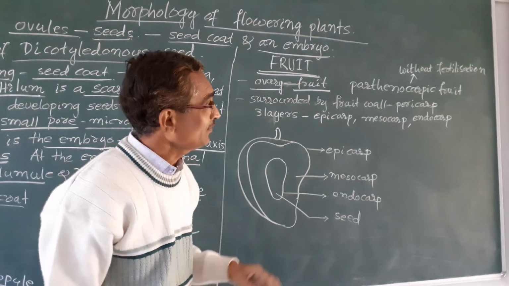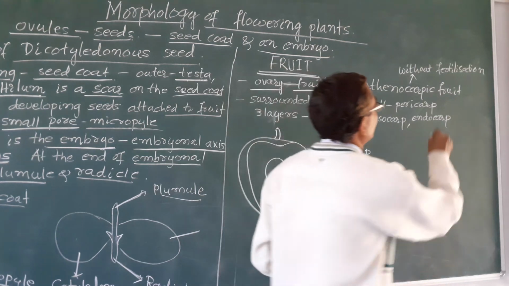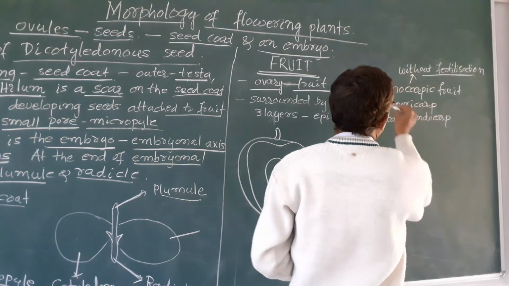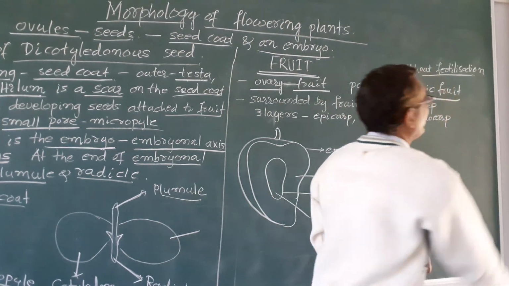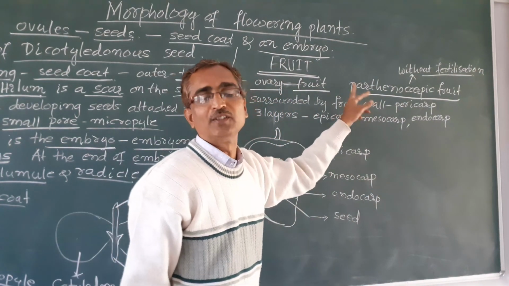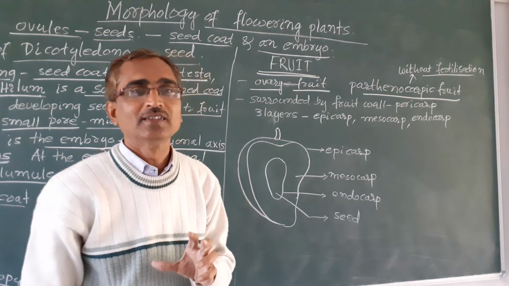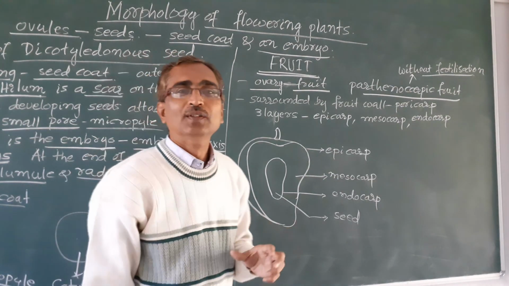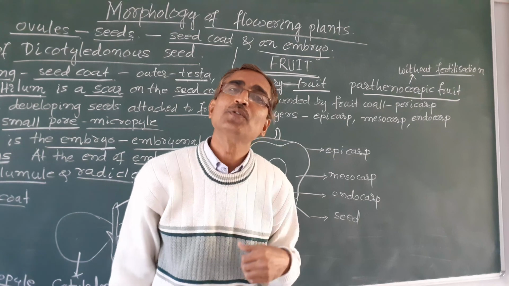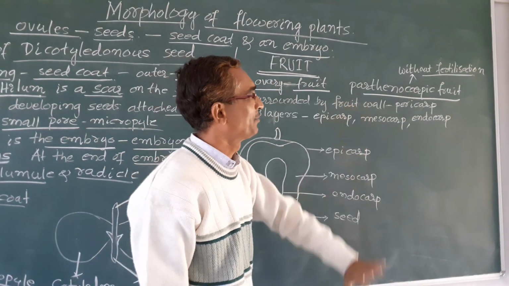And if the fruit develops without fertilization, then it is called a parthenocarpic fruit. Important one. You may be asked, what do you mean by parthenocarpic fruit? A parthenocarpic fruit is one which develops without fertilization. That is known as a parthenocarpic fruit.